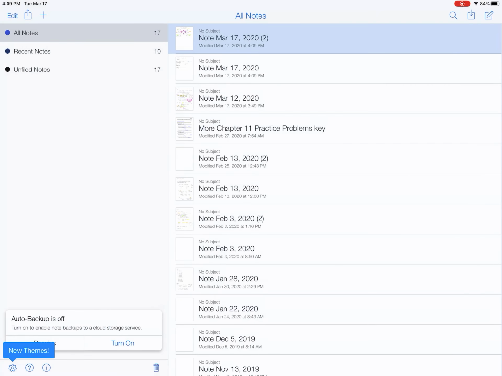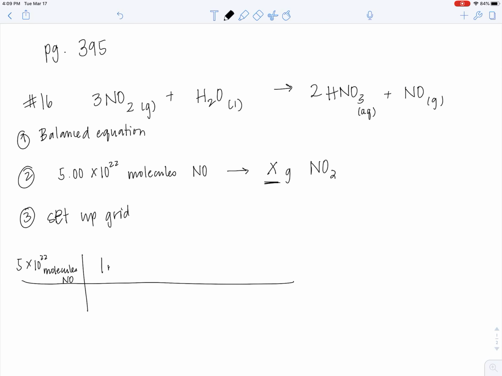So I have 1 mole over 6.022 times 10 to the 23rd molecules. I realize now that that's missing from the double mole map. I'll have to go add that. So now that we're at moles of nitrogen monoxide, I want to make sure that I don't have any naked numbers, and you can see that my units of molecules cancel out.